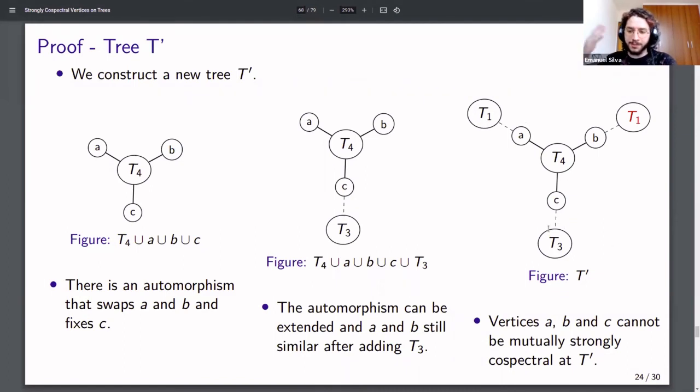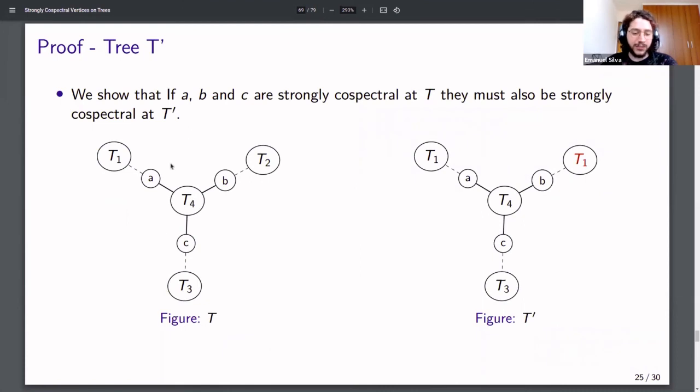A, B, and C cannot be mutually strongly cospectral here. But my claim here is if A, B, and C are strongly cospectral at T, this would imply that A, B, and C are strongly cospectral at T prime, which is absurd.